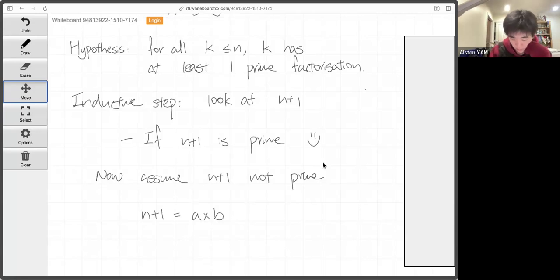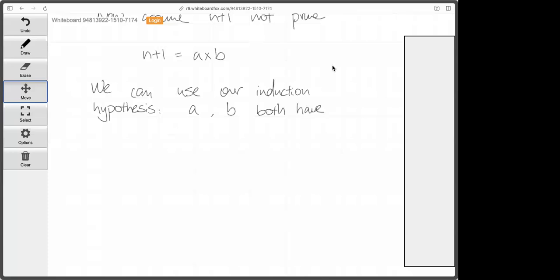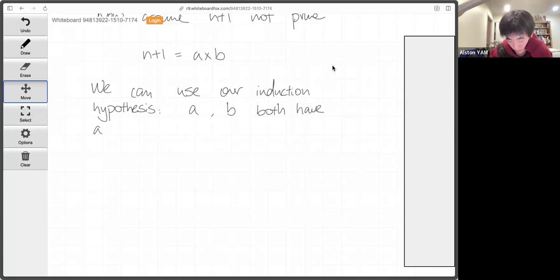So now we can use our induction hypothesis. That is, a and b both have a prime factorization.